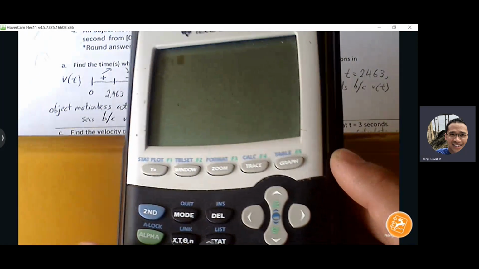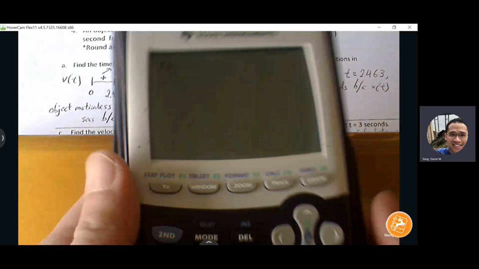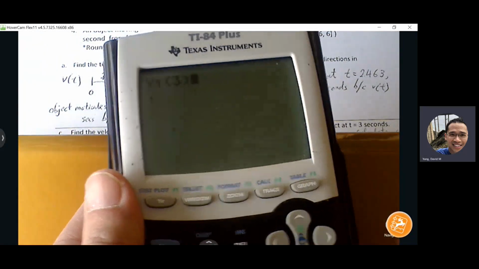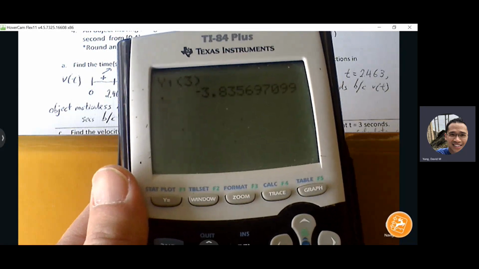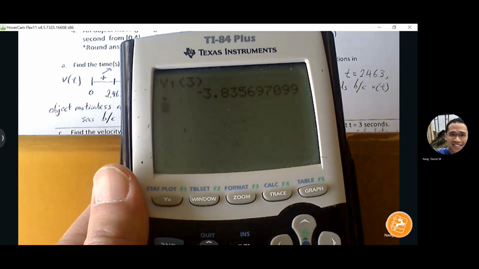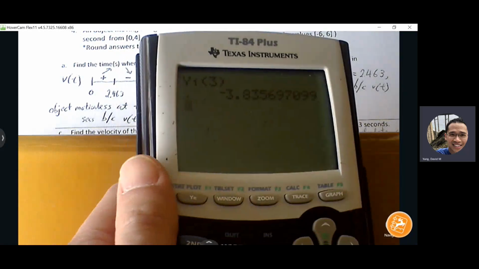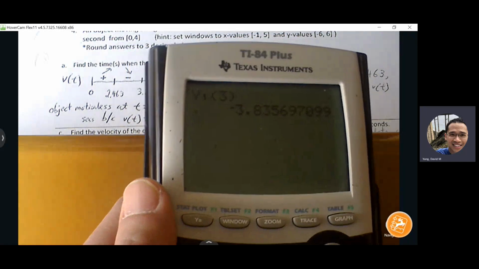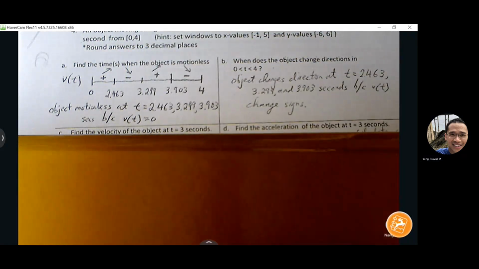So alpha trace, you can select Y1. Now just hit parentheses 3, and it's going to insert 3 into this velocity function for you and give you a numeric approximation. That's a lot faster than plugging it in by hand, and also than finding the Y-Vars feature that I was using before.